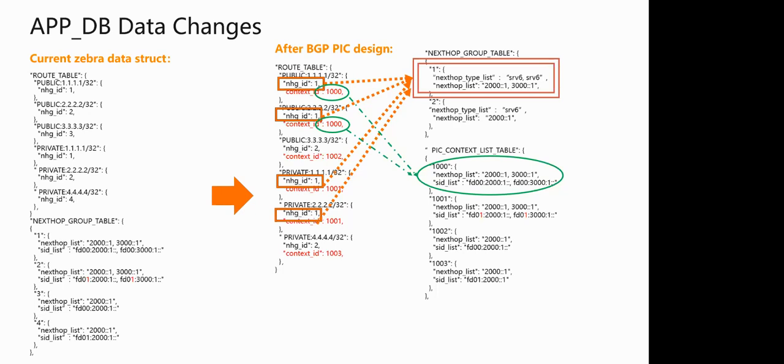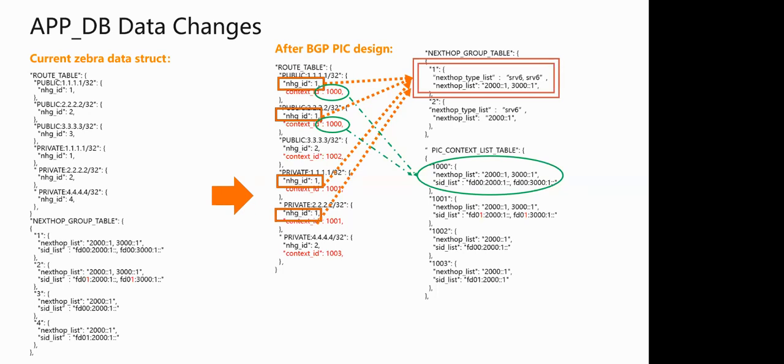So that will give us fast convergence, because if you have a BGP path change, we can update the next hop group directly. That's what comes in the next slide: basically, a pointer to the SID list table from the next hop group.